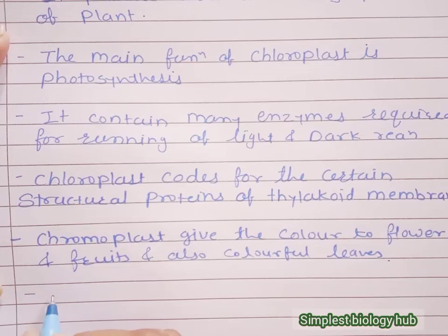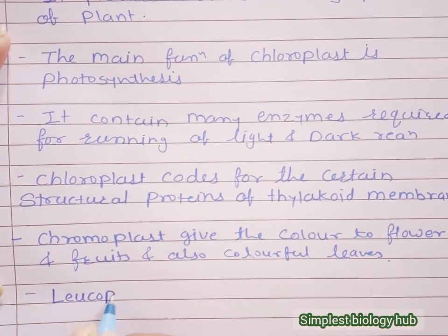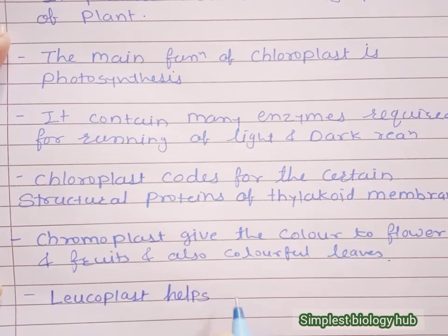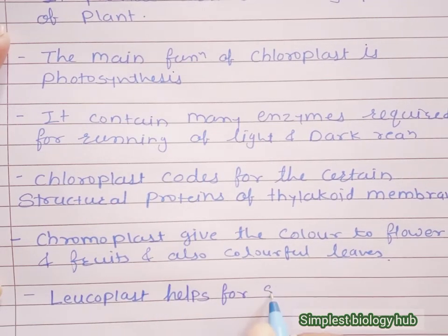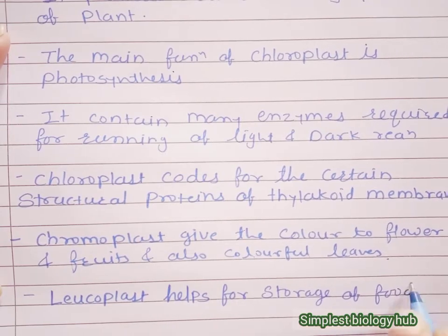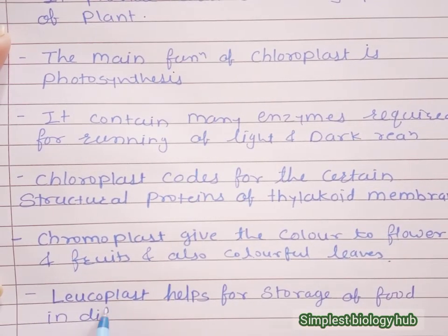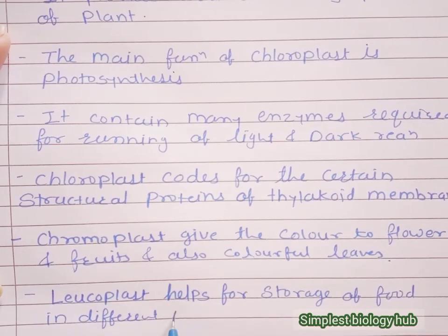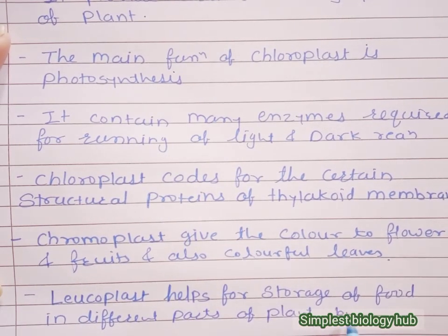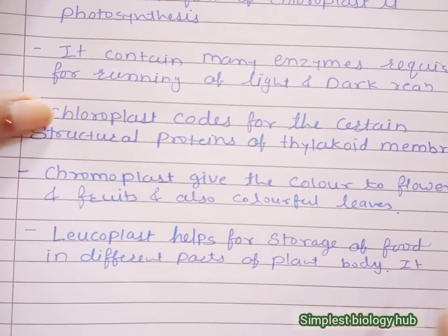The next one, leucoplast, helps in storage of food in various parts of the plants. We already saw the three types of leucoplast, which store carbohydrates, proteins, and oil and fat molecules, and that is why we call them the storing plastids.